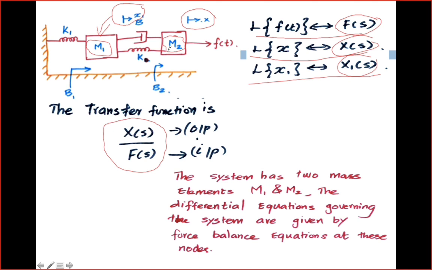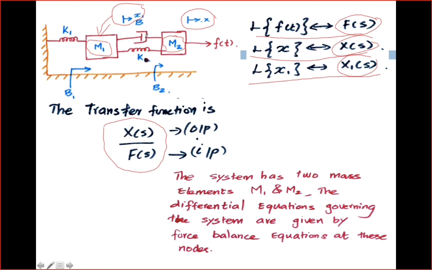You can even ask me, why should we consider the mass element? Mass is the reference for mechanical systems. It is not possible to use the spring and the dashpot as a reference, because their nature is entirely different.